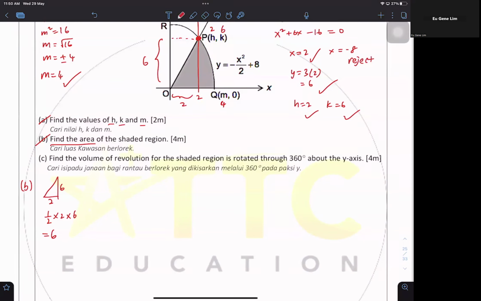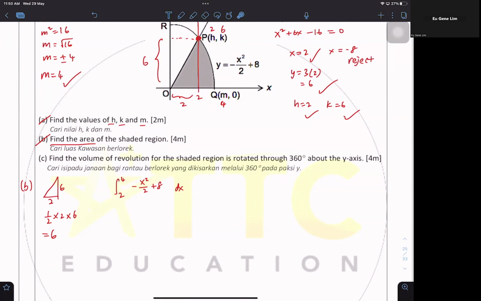So you do like this. You integrate from 2 until 4, the equation of the curve dx. Understand? 2 until 4, from here until here, the place where you cut the area.